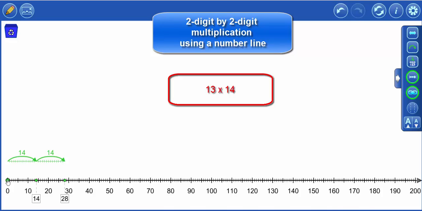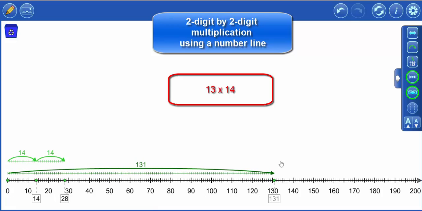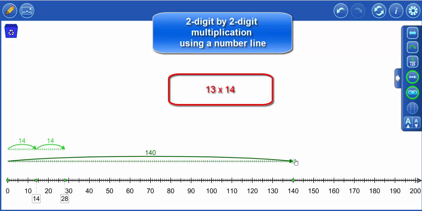Instead, I'll decompose 13 into 10 times 14, which equals 140, and then add 3 more hops of 14, which is 42, giving me a total of 182.